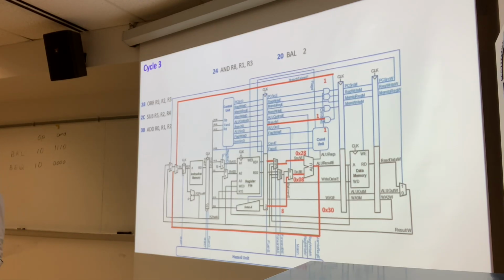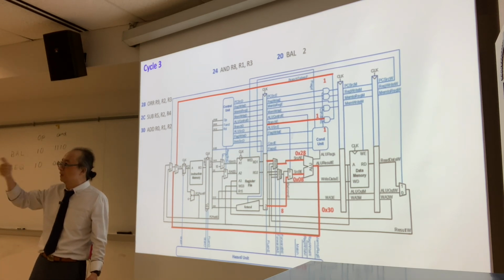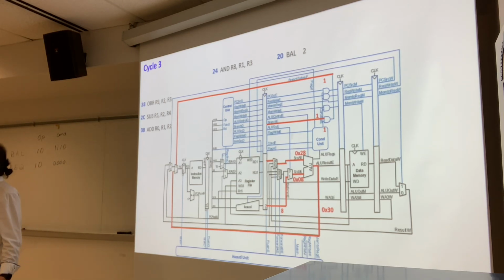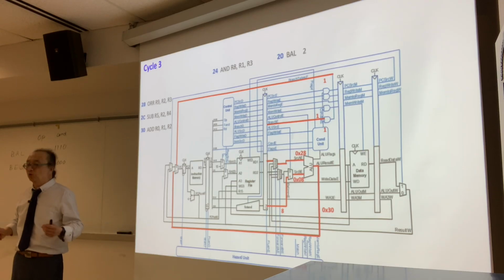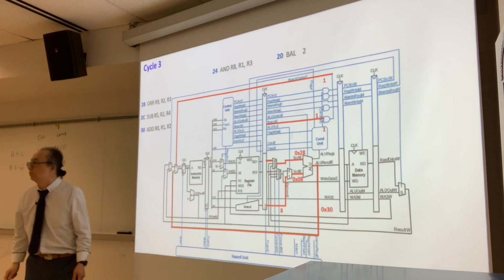Based on the result, we're going to set up the flags Z, V, C, and the last one is N. Based on the subtraction, we know if it is negative, if it is a 0, if there is an overflow, if there is a carry. So based on those values, we're going to send it to here and it actually happens.